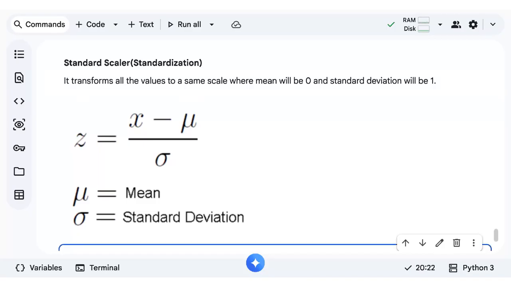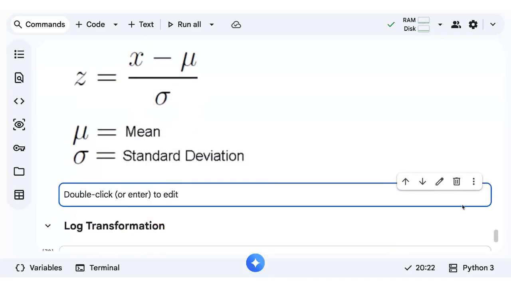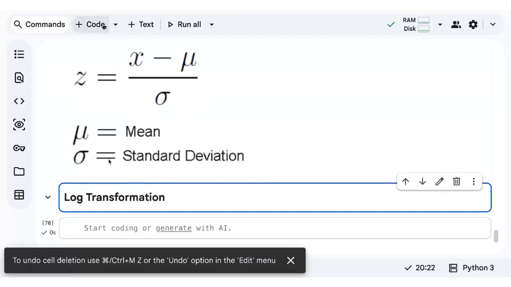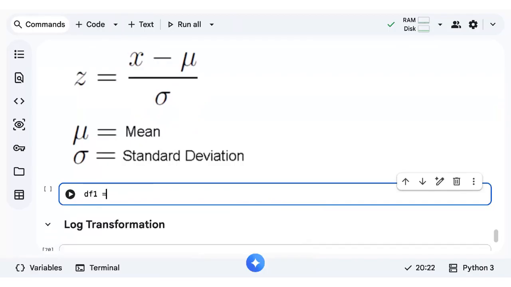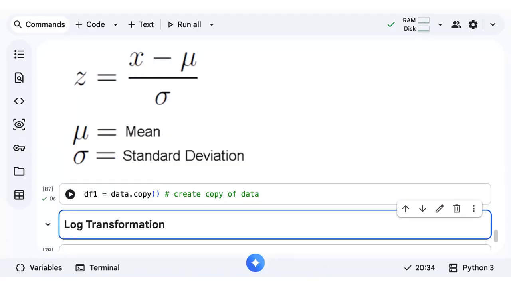Yeah. So how to implement again? I'm creating a copy of my data just to show you how it works. So I'm using df1 equals data.copy. Just creating a copy of data. Since I'm showing two approaches, I'm creating a copy of data.